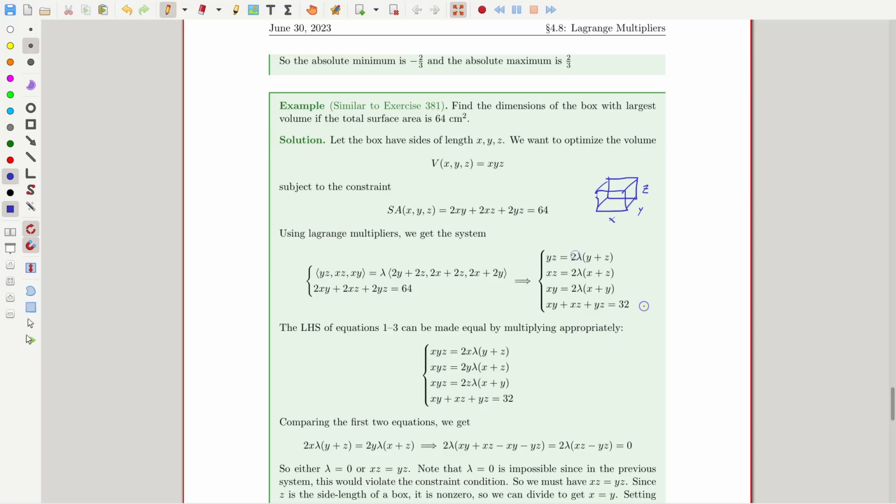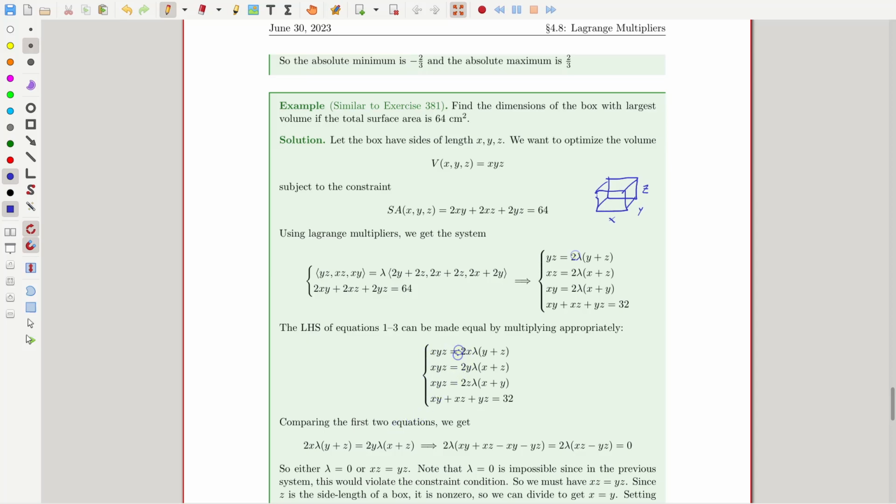Okay, and then what happens next? Right, so I make the left-hand sides of these three equations look similar by multiplying the first equation by x, the second equation by y, the third equation by z. That's kind of similar to what we did as our very first step in the previous example. Okay, so now that we have these, we can set them equal to each other.